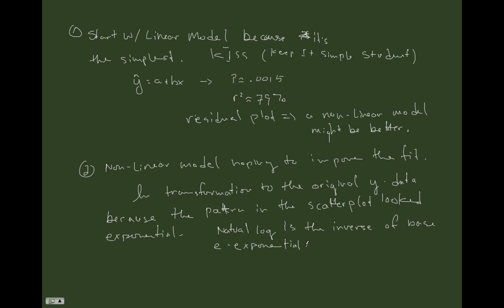So we use the inverse of the relationship we think we're seeing because the natural log undoes the exponential. So if I have exponentially decaying data, if I natural log the y, I should see more linear data. Then once we do the transformation, we redo the linear regression t-test using the transformed data.